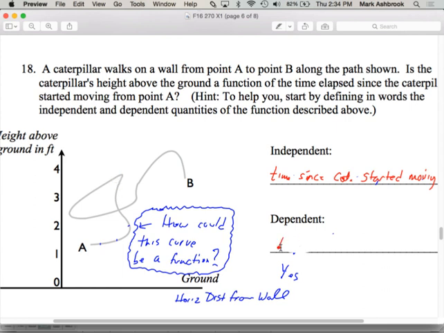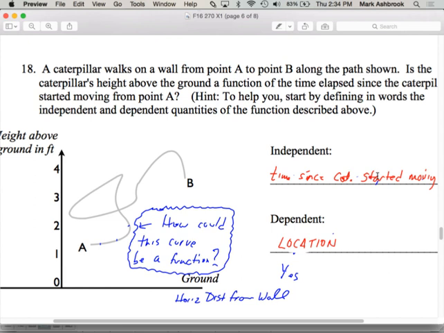Location. But in order to pinpoint location, what do we need to pinpoint location? Three axes. Not three. You need the height and you need two. Yeah, you have two variables, right? You have two quantities that will give you the location.